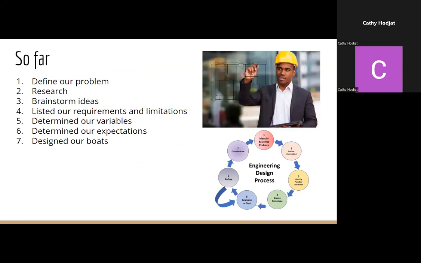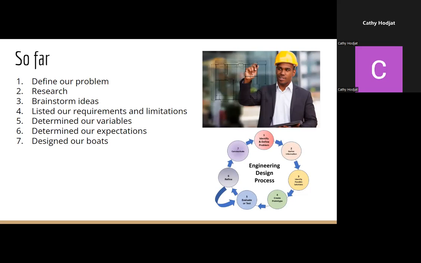So you all have done quite a bit of work with your engineering design so far. We've defined our problem, done research, brainstormed on ideas, listed requirements and limitations, determined our variables, what's going to be the independent variable, what's the dependent variable, determined our expectations, coming up with our hypothesis, and designing our goals.